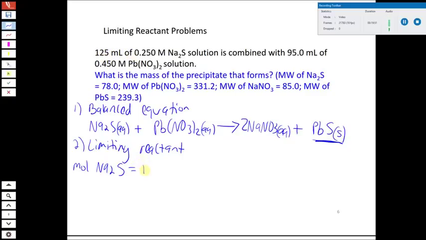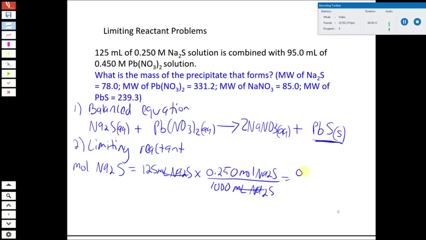So we have, for sodium sulfide, 125 milliliters of the aqueous solution. And we use the molarity, which is 0.250, to figure out the number of moles. So that's 0.250 moles of sodium sulfide per 1,000 milliliters of the solution. So what we have is 0.0312 moles of sodium sulfide.